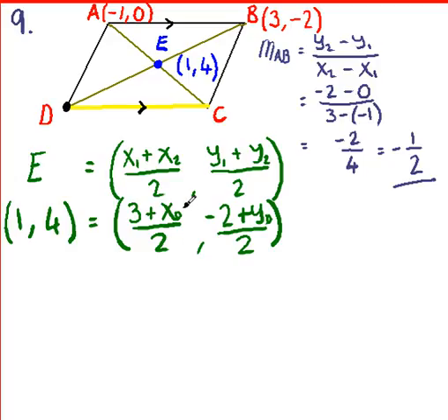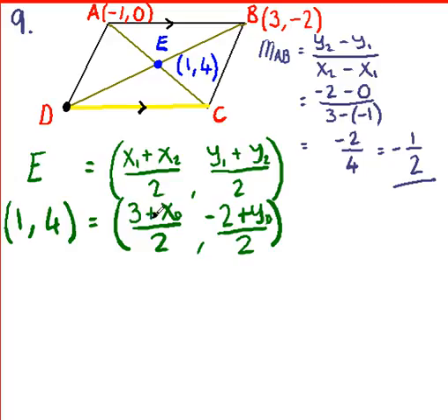So if we consider the first one to begin with, we know that when we divide this part by 2, we're going to get 1. So what do we need to divide by 2 to get 1? Well, we need to end up with 2 on the top, so that would be 2 divided by 2, which would give us 1. So how do we end up with 2 on the top here?